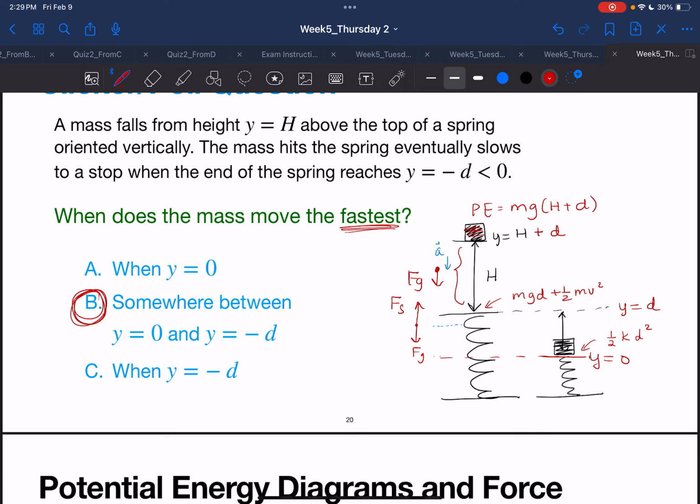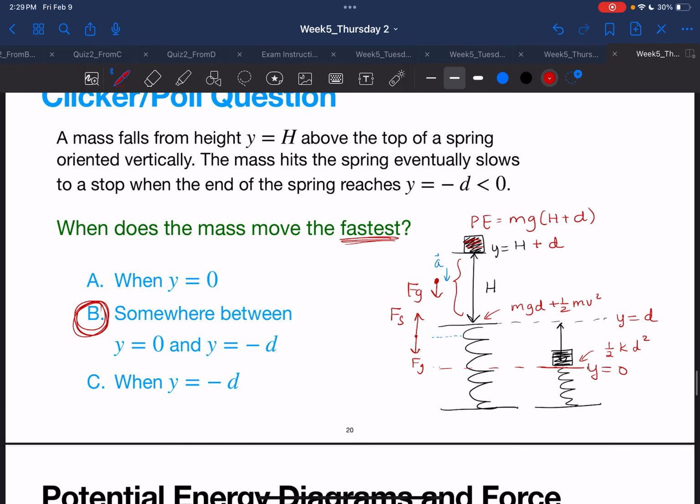And in your homework problems, you'll actually calculate what this point is, for an example where a mass slides down a slope like this. So it starts somewhere up here, it slides down a slope with friction, and you're being asked when it is moving the fastest.